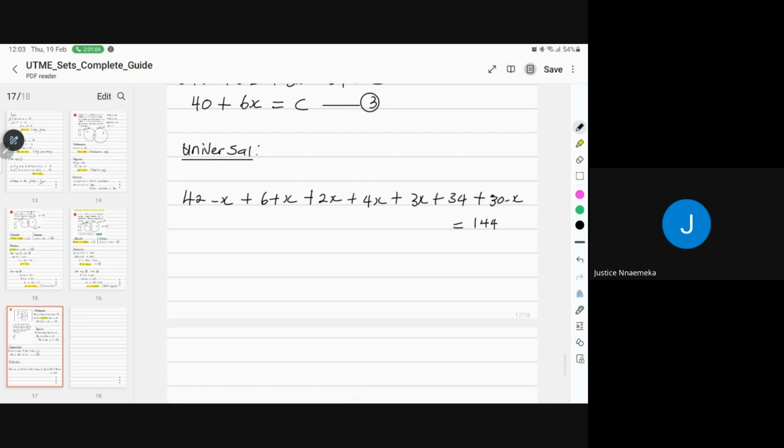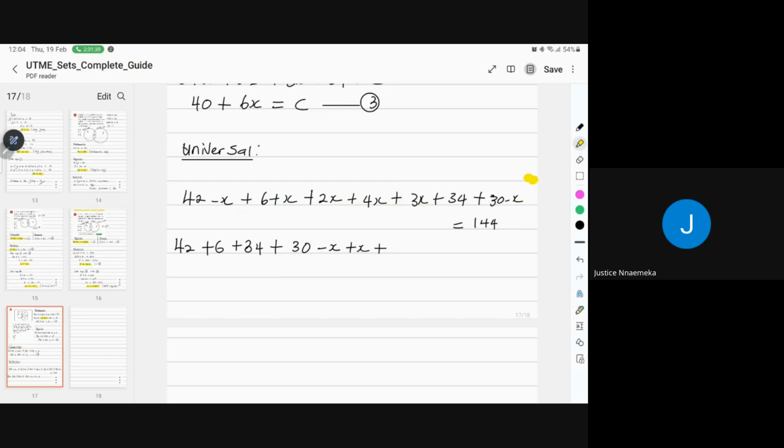So now, we're going to collect like terms. I should have 42 plus 6 plus 34 plus 30. So I'll now have minus x plus x. This guy is off. So I have 2x plus 4x plus 3x, and there's another minus x.